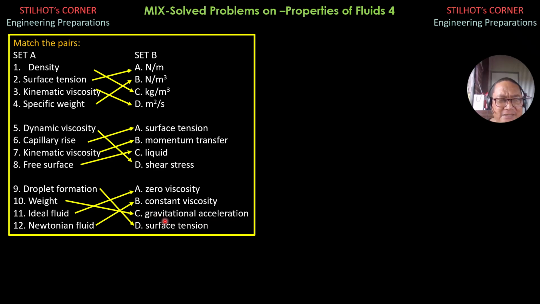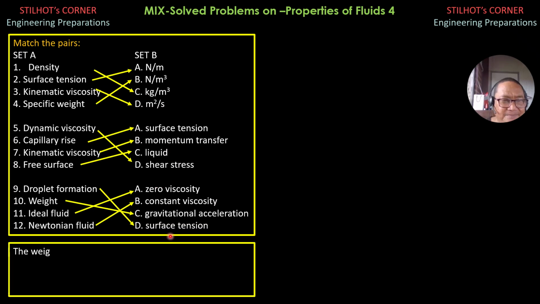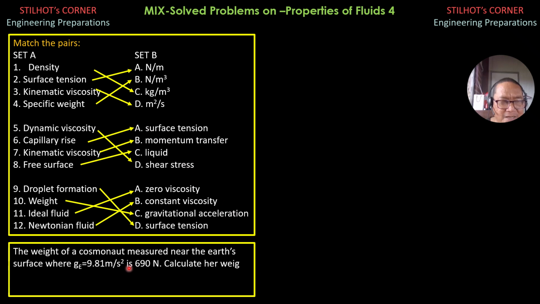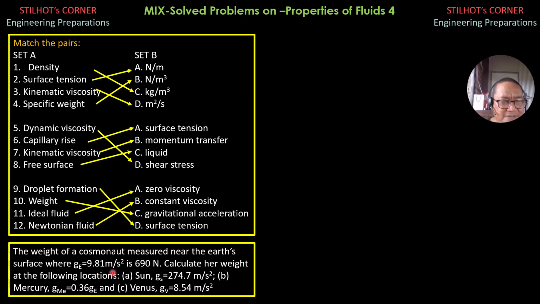So we proceed to the next problem. The weight of a cosmonaut measured near the Earth's surface, where the acceleration due to gravity at the Earth's surface is 9.81 meters per second square, is 690 newtons. Calculate her weight at the following locations.